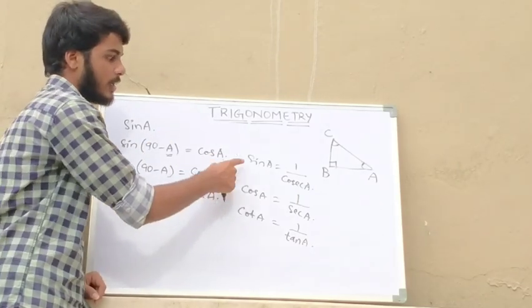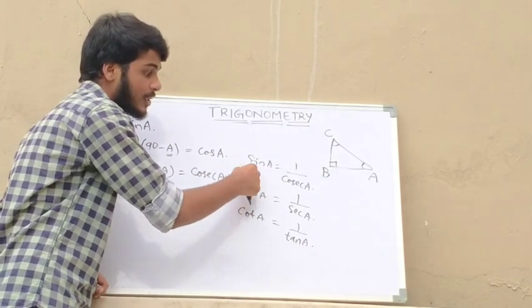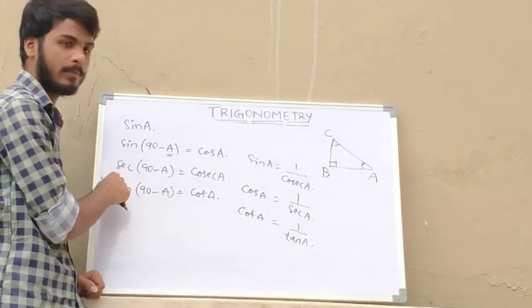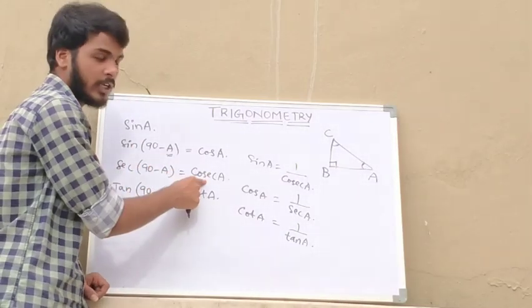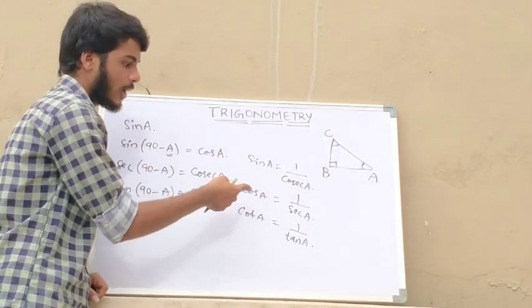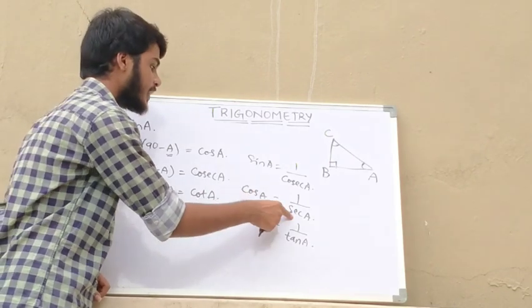In the case of reciprocal, sin changes to cosecant. Again, secant changes to cosecant here, but in the case of reciprocal, secant changes to cos.